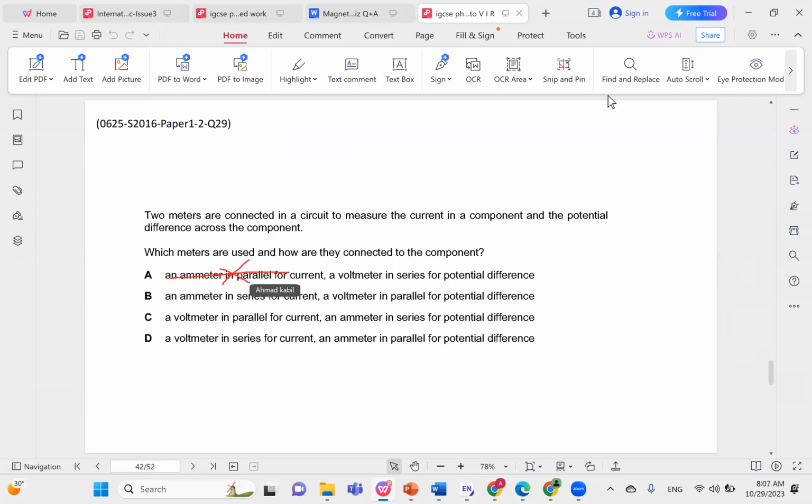And a voltmeter is in parallel, not in series, so this is wrong. And the ammeter measures current, so this is correct. Voltmeter measures potential difference, so this is correct. Here they are flipped. They say a voltmeter measures current, which is wrong, of course. So the correct choice here would be choice B.